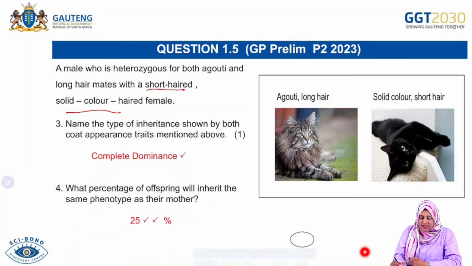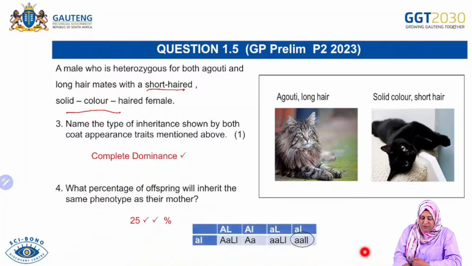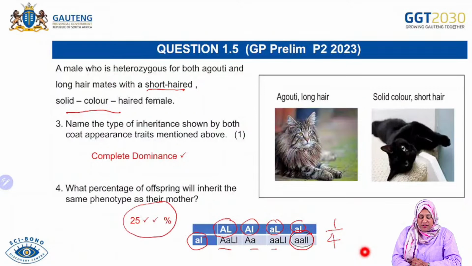The answer for that is 25%, because the mother's gamete will be aL, and then there are the father's gametes over here. If we cross them, we get that one, that one, that one, and this is the mother, and there's 1 out of 4 that is like the mother, so that will give you the 25%. Because percent is in the question, 25 gets both the marks.